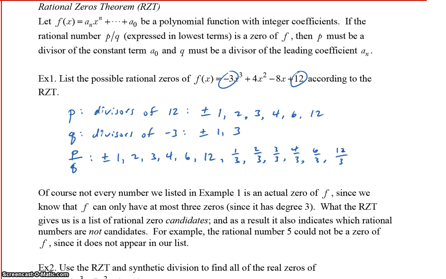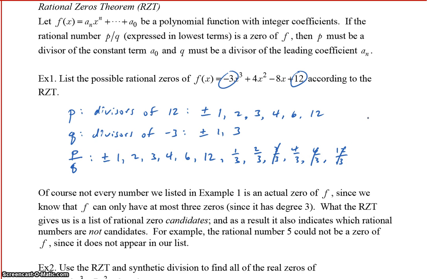Now, in the second batch of numbers, when we divided by 3, we see some repetitions with numbers we've already listed. So we don't want to list those twice. 3 over 3 is 1, so I'm just going to scratch that out. 6 over 3 is 2. We've already listed that, so we don't need that. 12 over 3 is 4. We've already listed that.